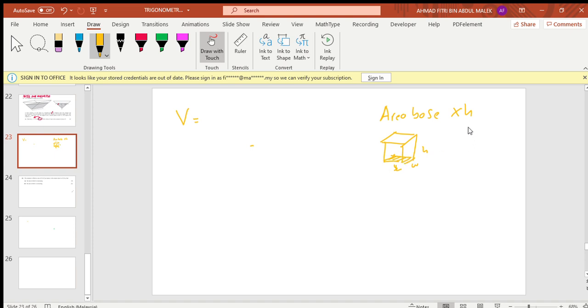If you have a cylinder, it is the base area times the height. The base is a circle, so pi r squared times h, giving the volume of a cylinder, pi r squared h.